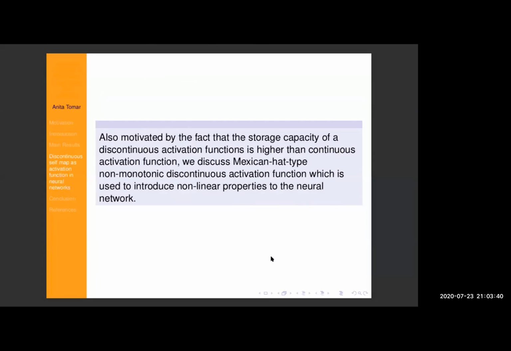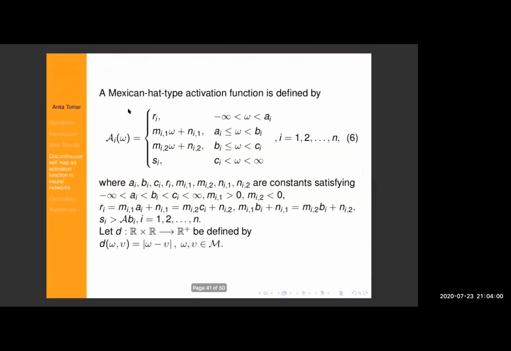So we know that the storage capacity of a discontinuous activation function is higher than that of a continuous activation function. Motivated by this fact, we discuss a Mexican hat type non-monotonic discontinuous activation function, which is used to introduce non-linear properties to the neural network. So this is the Mexican hat type activation function, and we define a metric d as the usual metric.